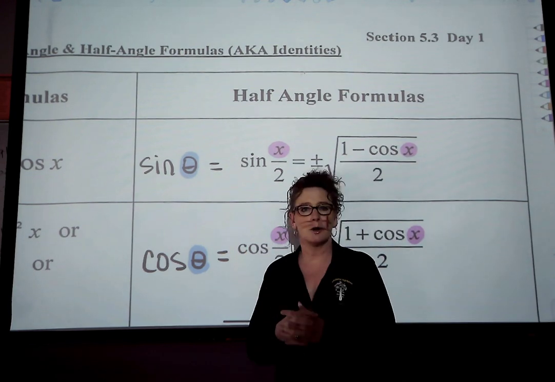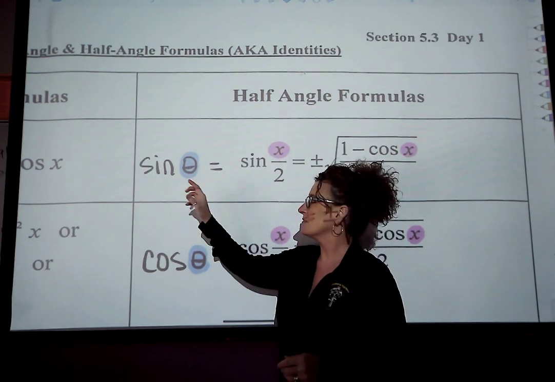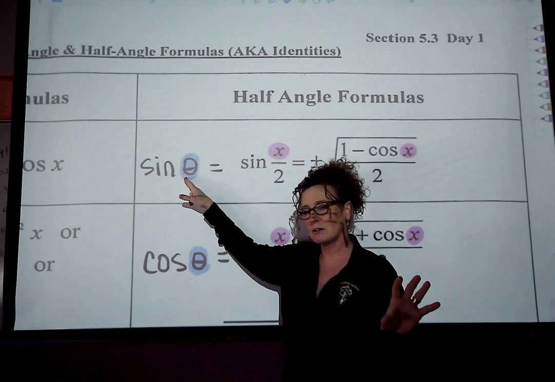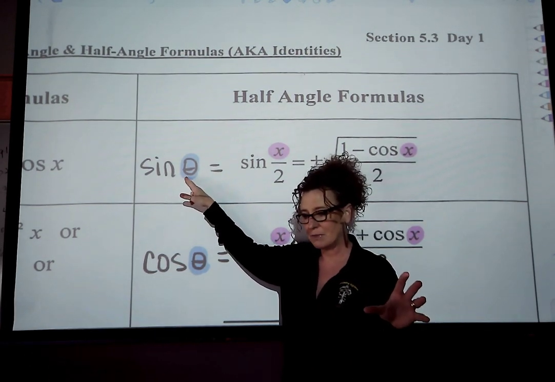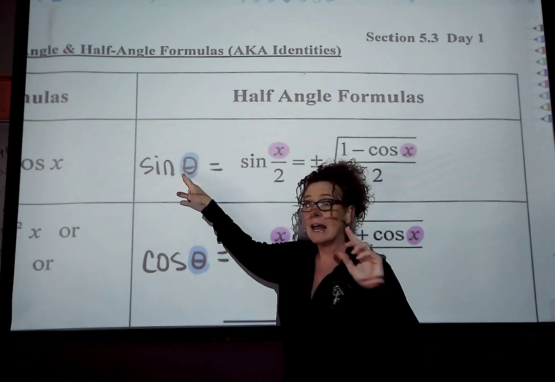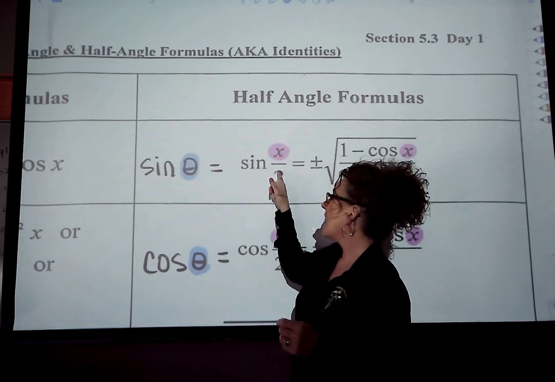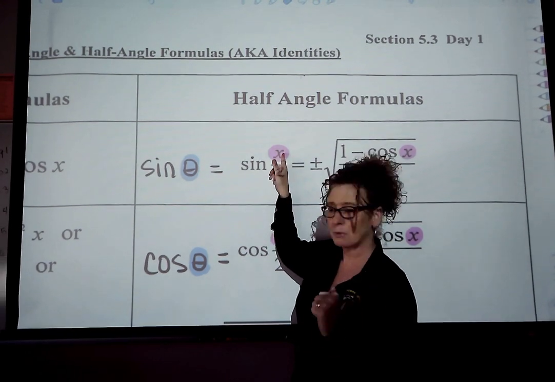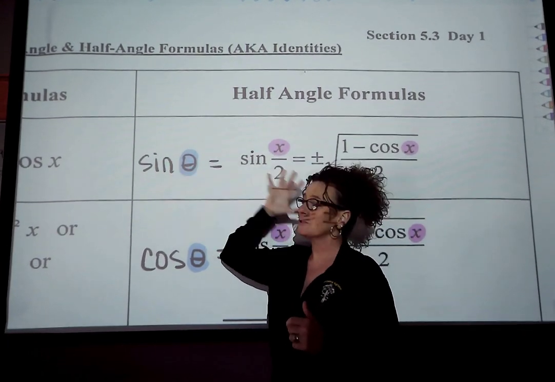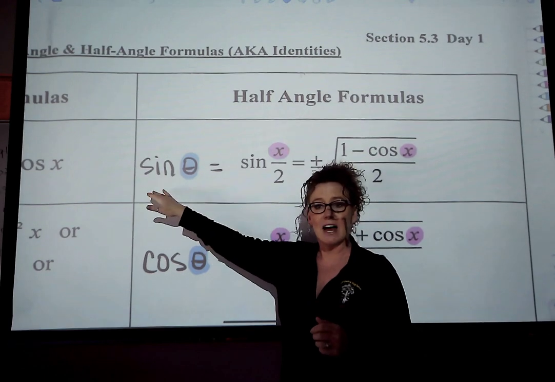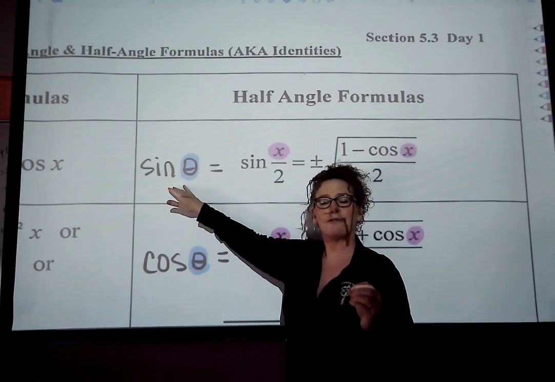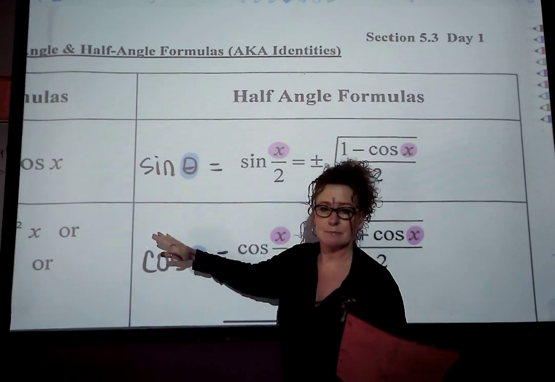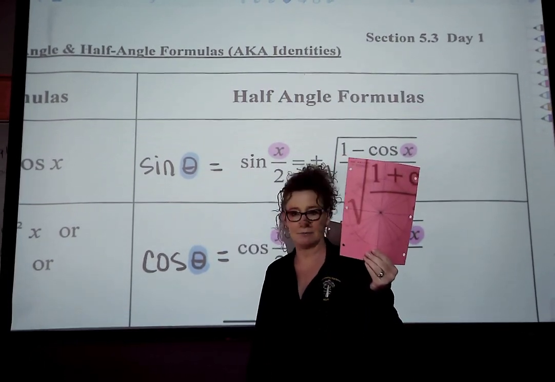Overview. Here's what it's going to help us do. It's going to help us find sine, cosine, and tangent fractions for an angle not on our common angle sheet, but an angle that's half of one of our common angles. For example, this formula will help me get my sine fraction for a 15-degree angle. 15 degrees is not on here.